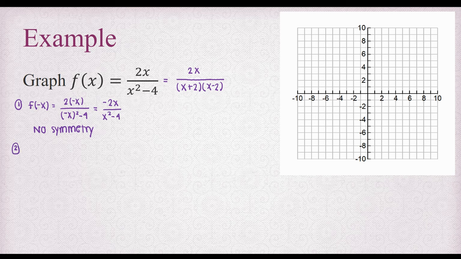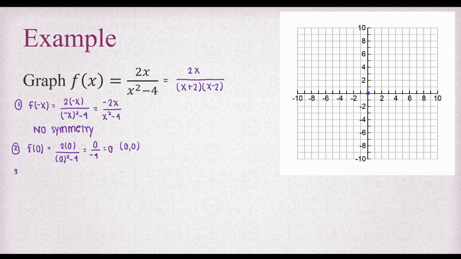Okay, remember the second thing we want to look for is a y-intercept. So that means I'm substituting 0 into my function. If I substitute 0 into the numerator and 0 into my denominator, once again going back to my original denominator, I see that I'll have 0 divided by negative 4, which means it's 0. So 0, 0 is a y-intercept, and I can go ahead and plot that point.